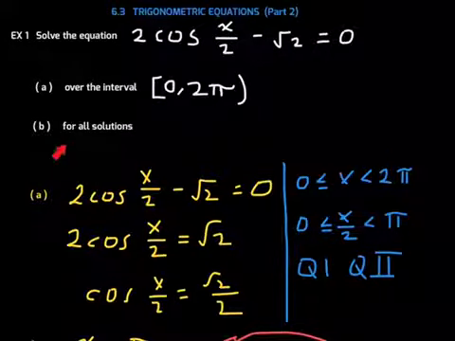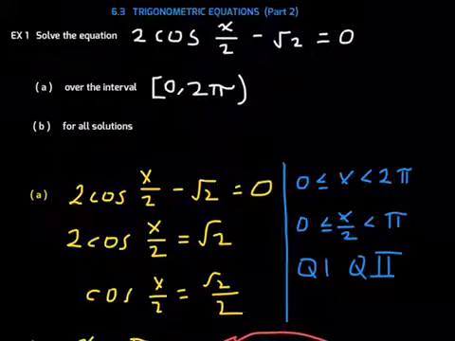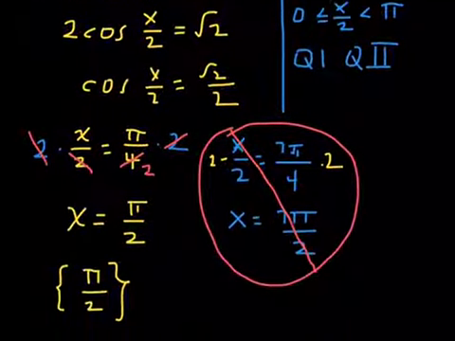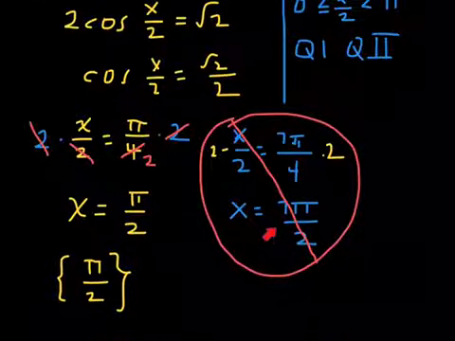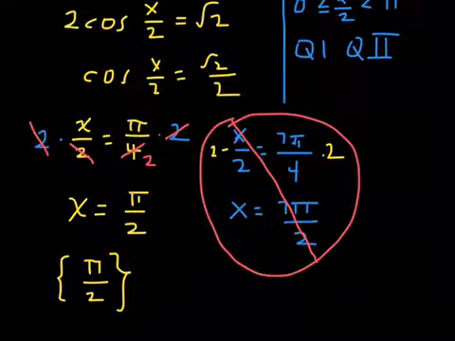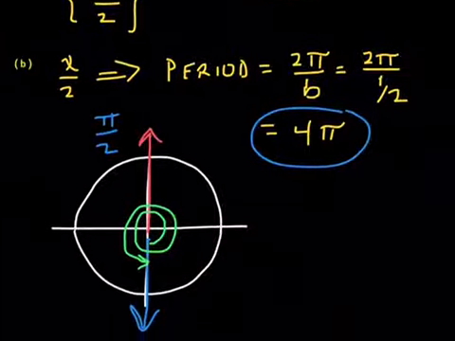But now in part B, we're solving for all solutions, not just the solutions between 0 and 2 pi. And one of those solutions that we threw aside, 7 pi over 2, now can be considered because we're solving for all solutions. So, there we go.